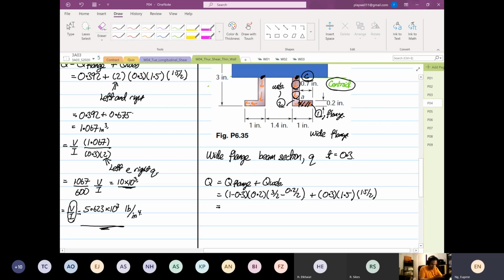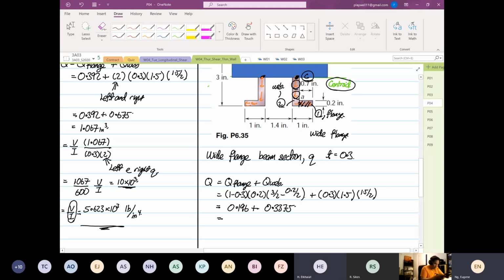So this will be equal to 1 minus 0.3 times 0.2 times 1.5 minus 0.1. So this is 0.196, plus 0.3 times 1.5 times 1.5 divided by 2, 0.3375.